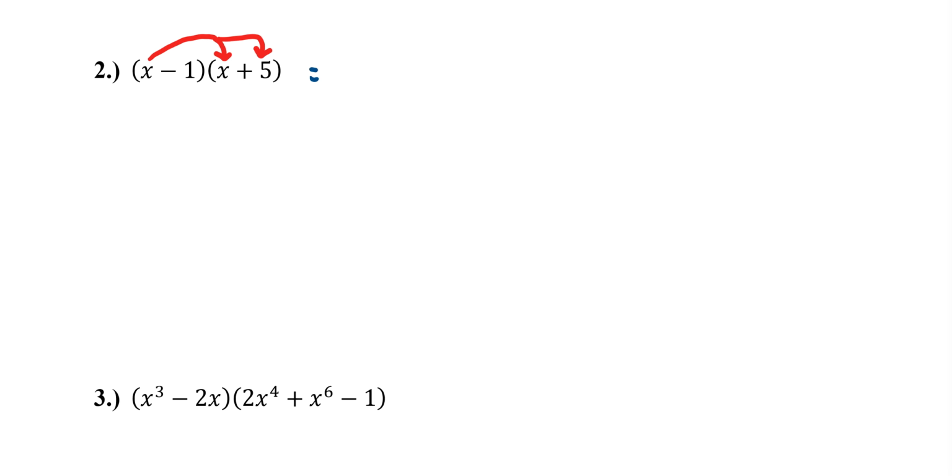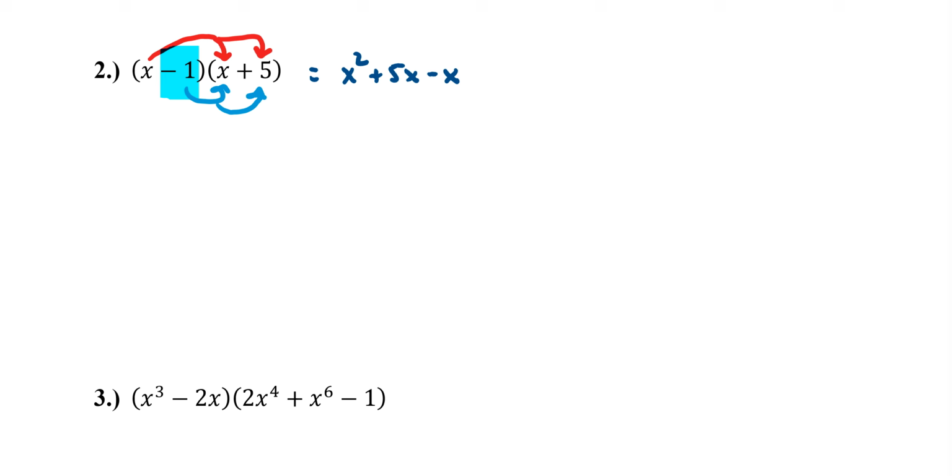So we do x times x, which is x squared, and then x times positive 5, so plus 5x. And now we're going to distribute the negative 1. So negative 1 times x is negative 1x or minus x.